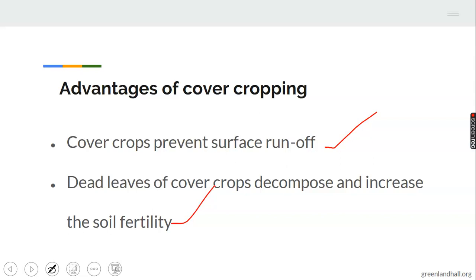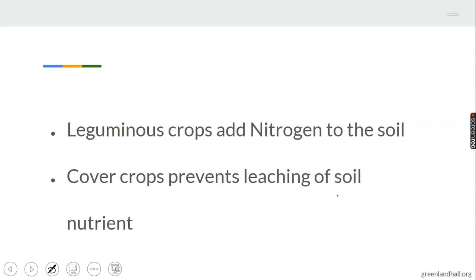Likewise, cover cropping. The dead leaves of cover crops decompose and increase the soil fertility. Take note of that because they are plant materials, and that as well falls under green manure.